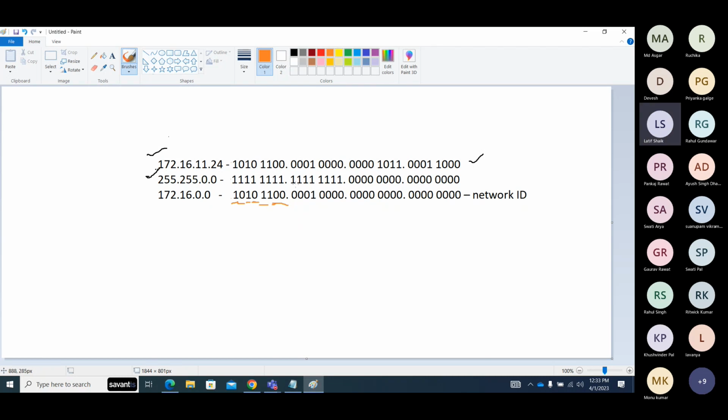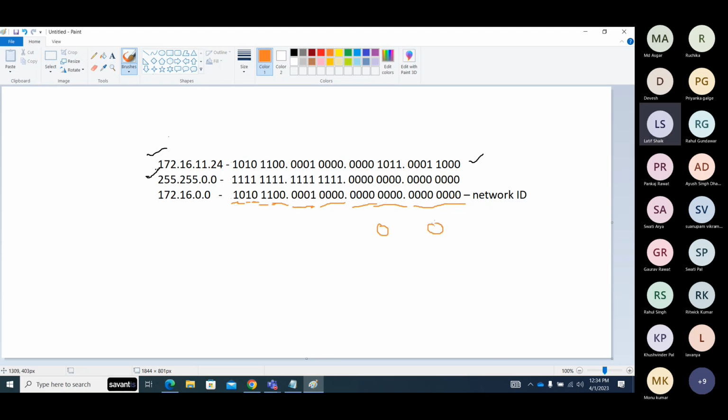Here also the same thing: 0 and 1 is 0, 1 and 1 is 1. Here all are zeros. Doing the same bit by bit, the result is 0.